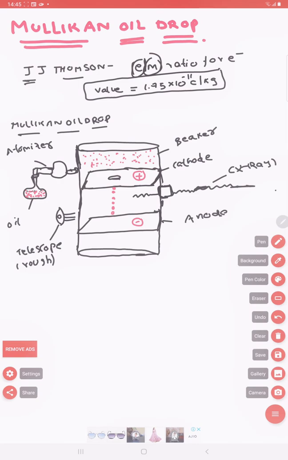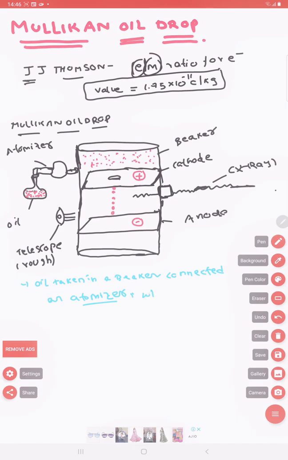Now the point is, firstly, oil is taken in a beaker connected to an atomizer. So the oil in the beaker is taken into the atomizer.